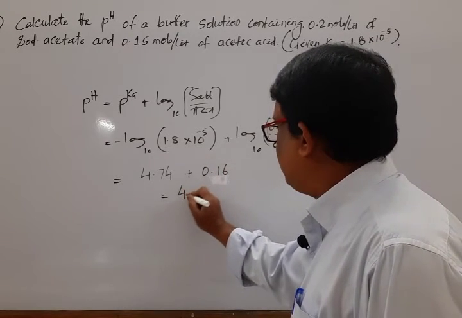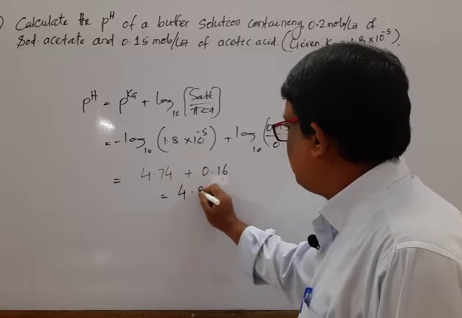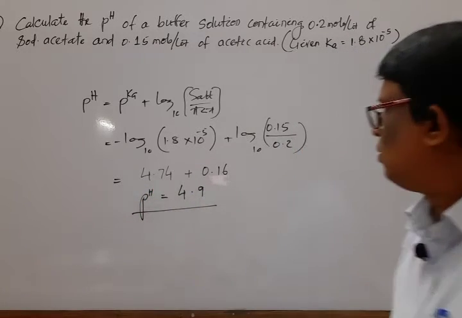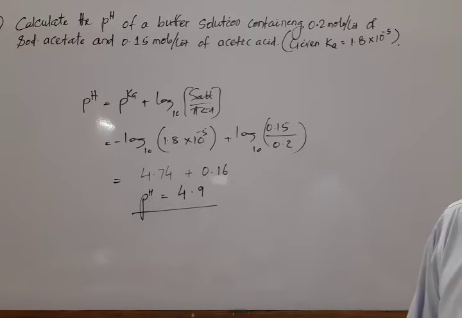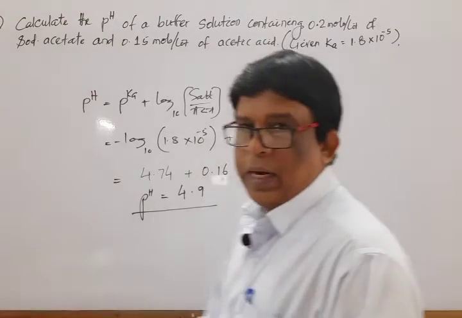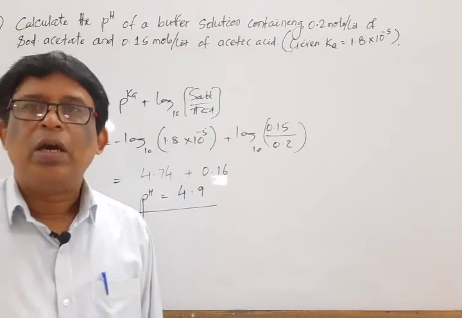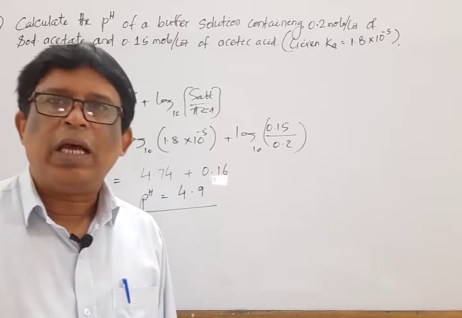On solving, pH is equal to 4.9. So that is a little idea about the calculation of pH for acidic buffer as well as basic buffer.